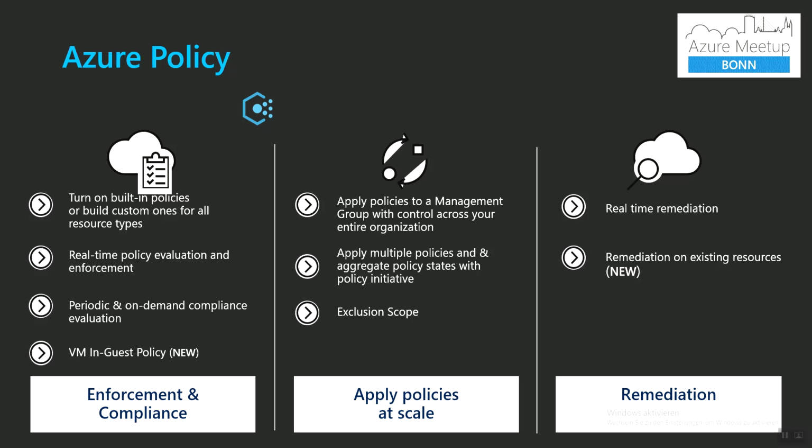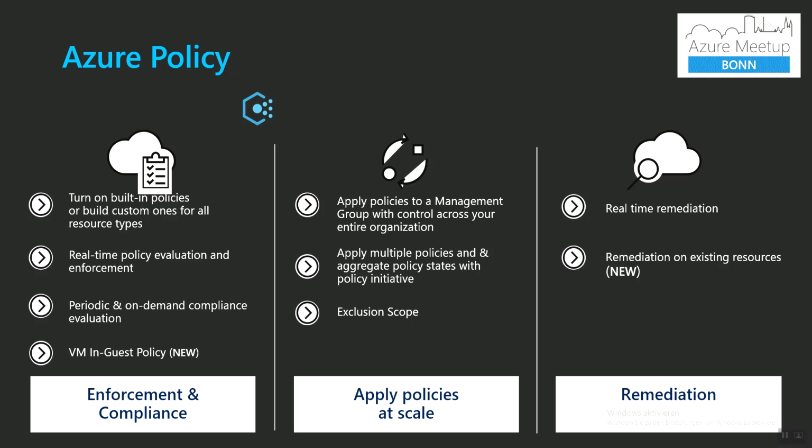Azure Policy has three main topics. The first one is the biggest one: enforcement and compliance. When we take a look at this, we have different services. When you start using Azure Policy, you have quite a lot of policies and templates available, in general around 500 right now.